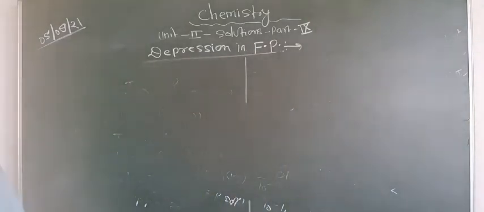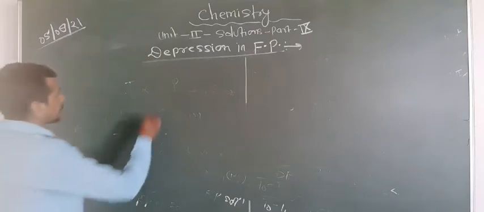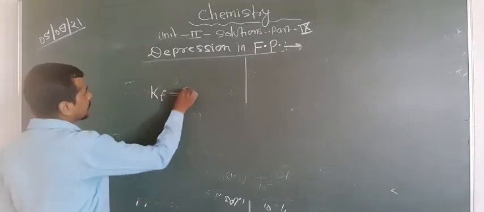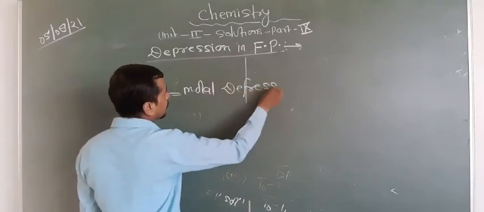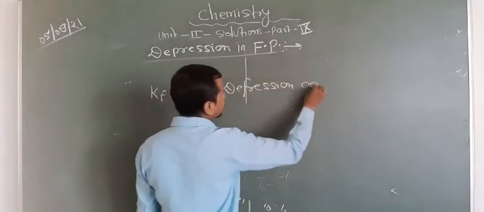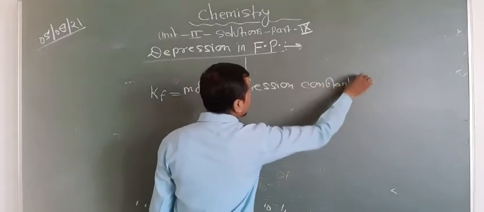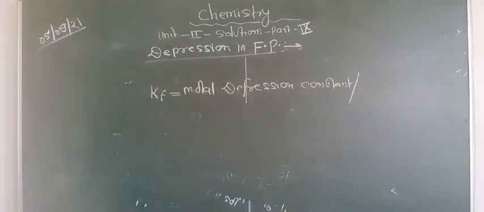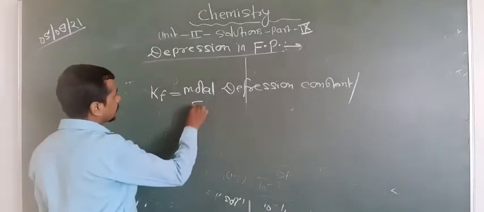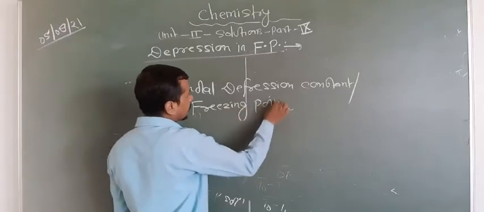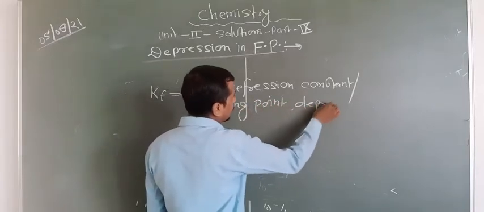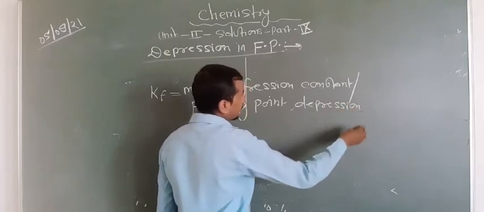So KF is known as molar depression constant, or you can also say that this is known as freezing point depression constant.